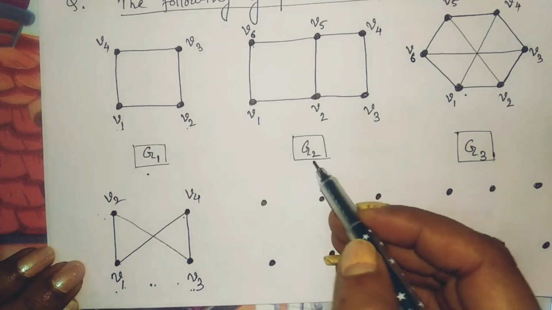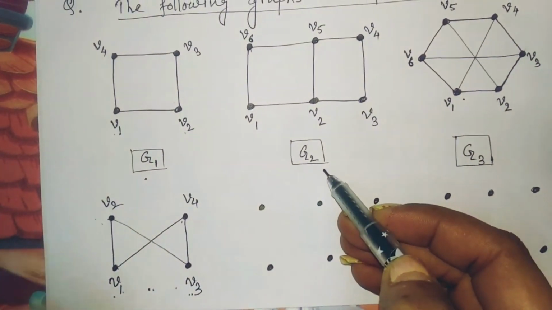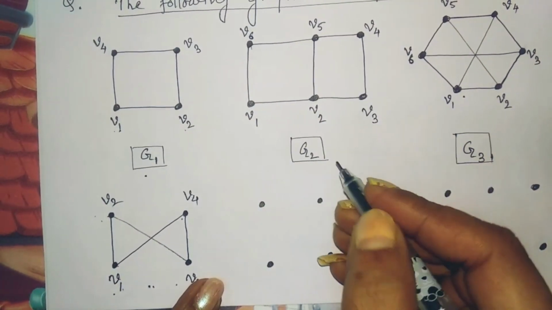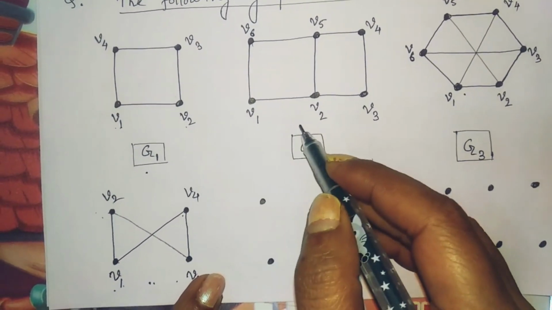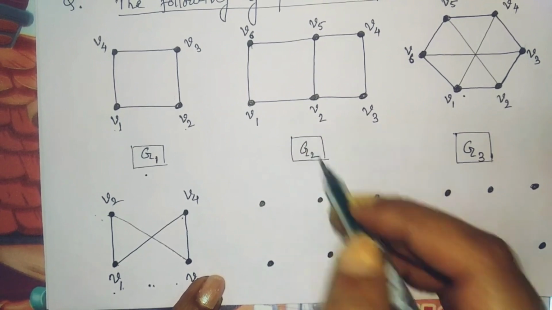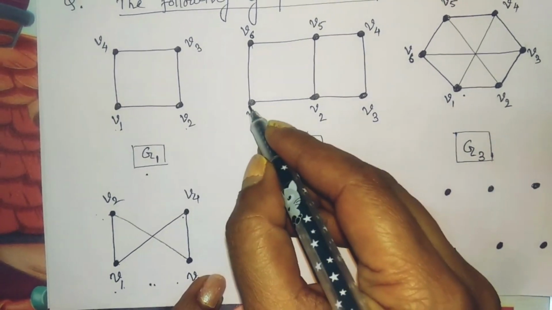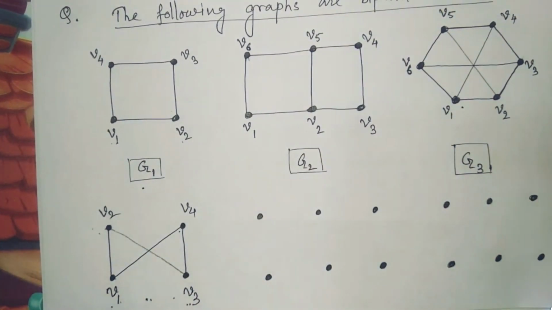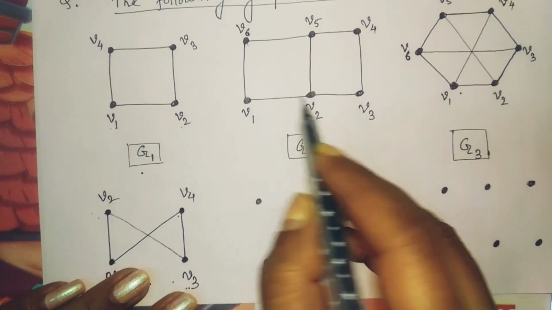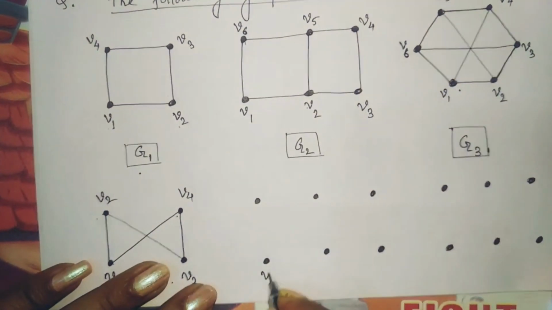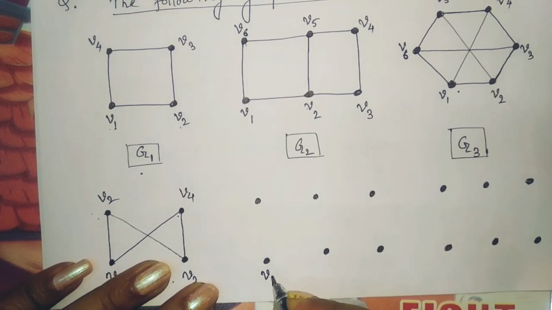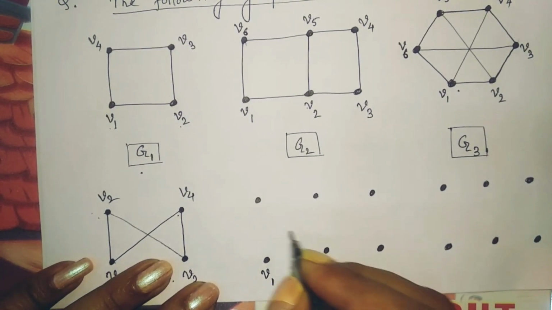Similarly, if we consider the graph G2, here a total of 6 vertices are given. As with the previous one, we try to draw this graph in a different manner. So v1 initially is connected with v2 and v6. If we say this is our v1, then it is connected with v2 and v6.